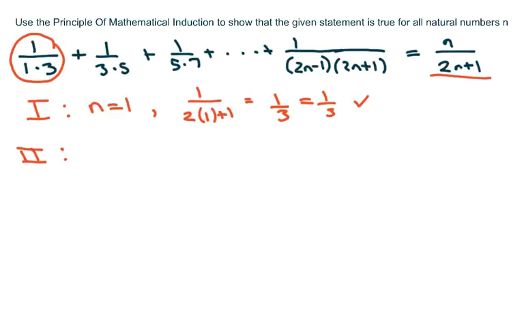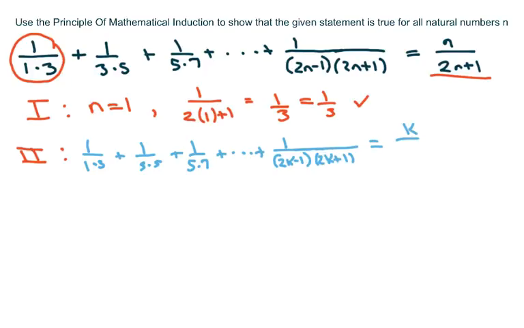So I'm going to write this with the k in it. 1 over 1 times 3, plus 1 over 3 times 5, plus 1 over 5 times 7, plus dot, dot, dot, plus 1 over, now we're going to use k, 2k minus 1 times 2k plus 1, equals k over 2k plus 1.